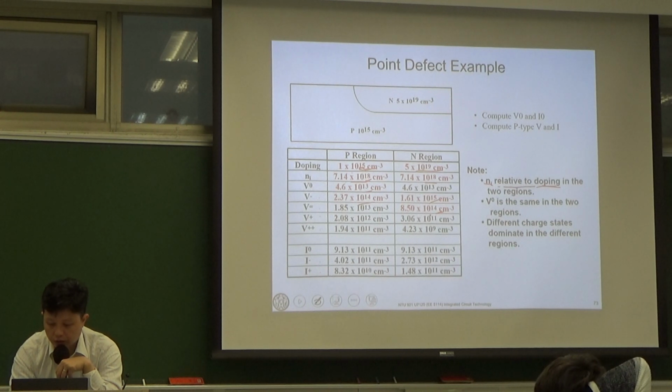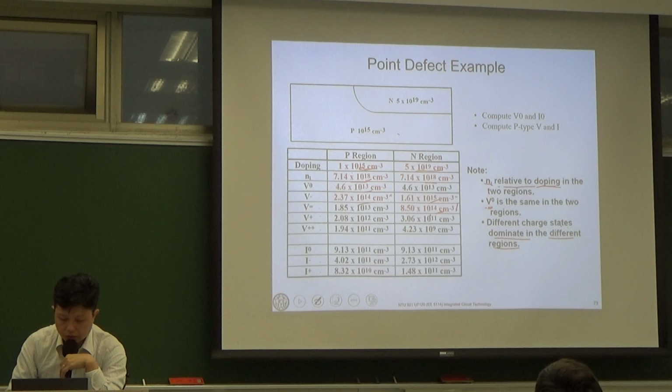And like for this V0 charge, its concentration is the same in these two regions. And you can see that different charge states will dominate in different regions. Like these two and this one will be dominating this P region or N region.